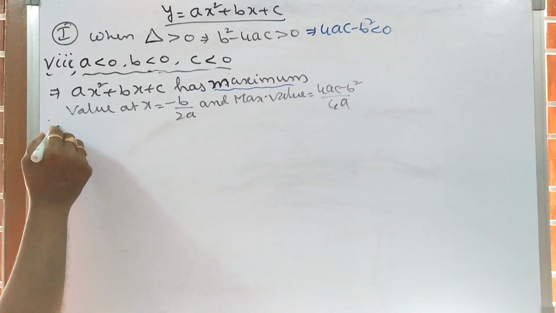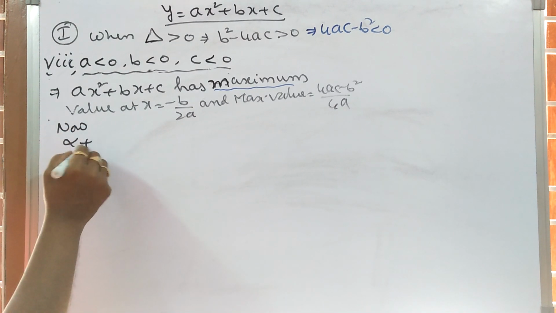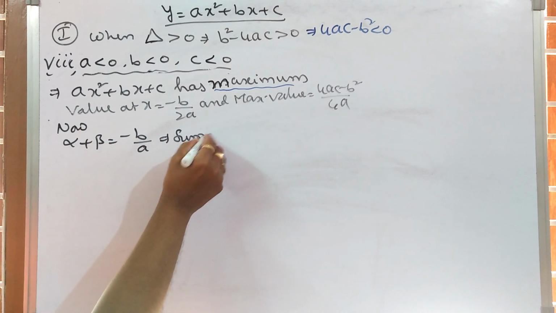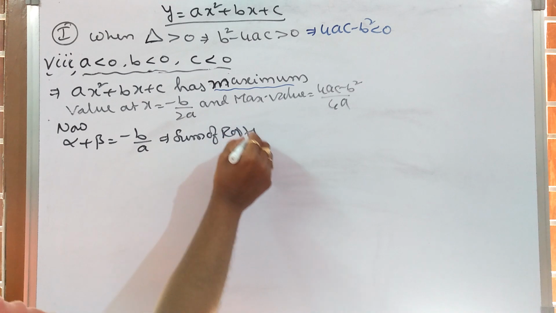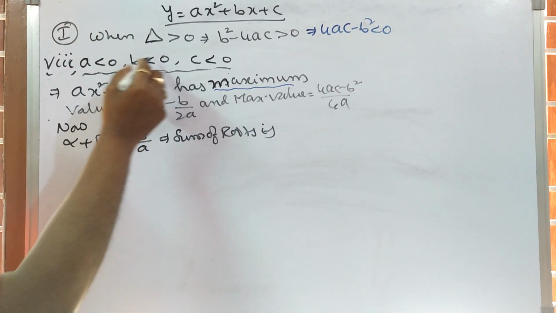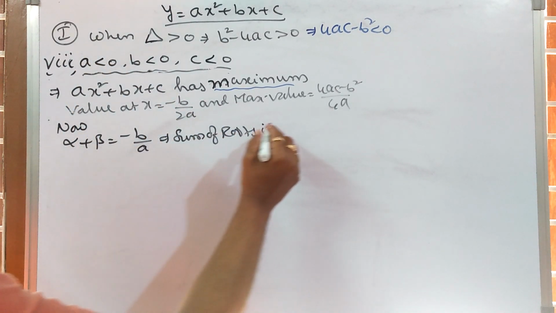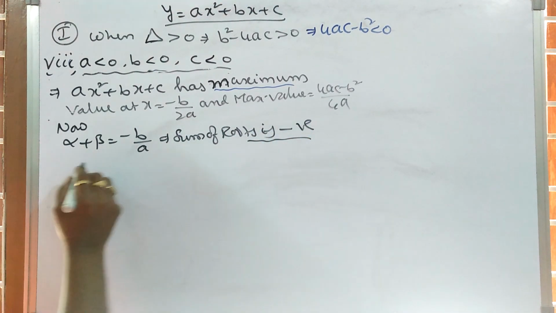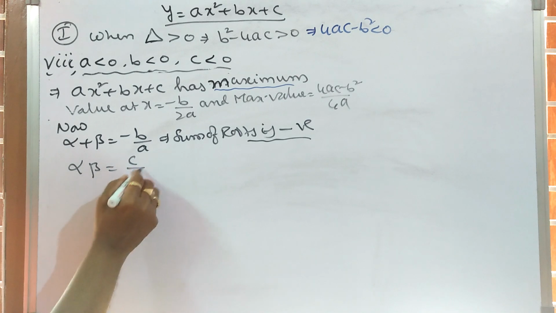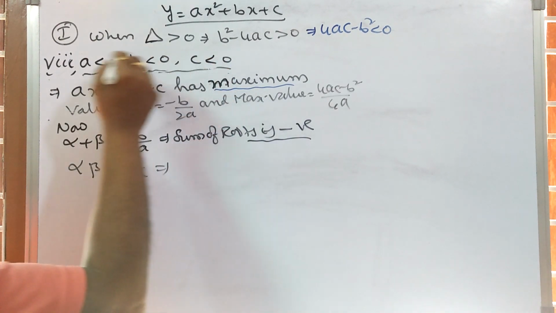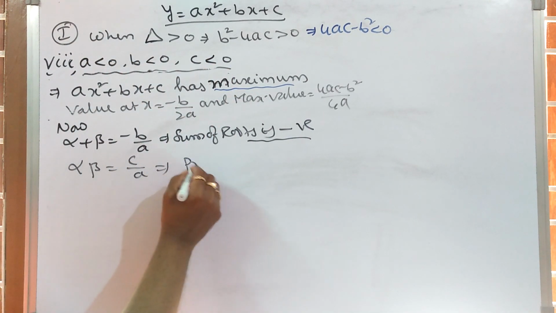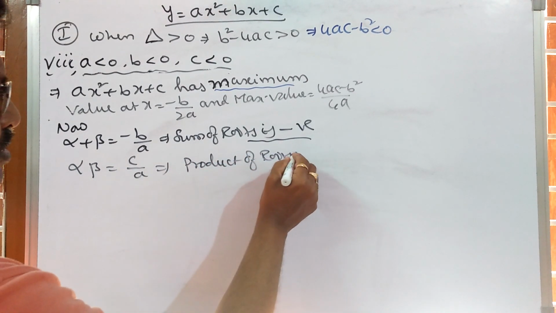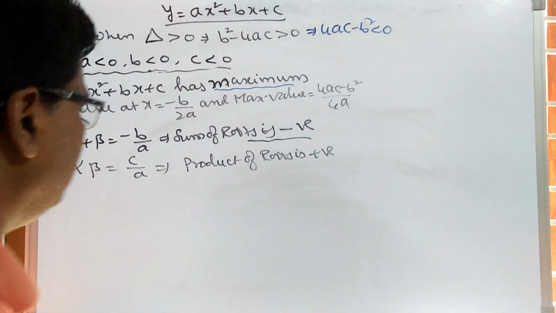Now alpha plus beta is equal to minus b by a, which implies the sum of roots. The sum of roots is b by a, negative by negative is positive, but the minus sign is there. So the sum of roots is negative. And alpha beta is equal to c by a. C is negative, a is negative, negative by negative is positive. That means the product of roots is positive.